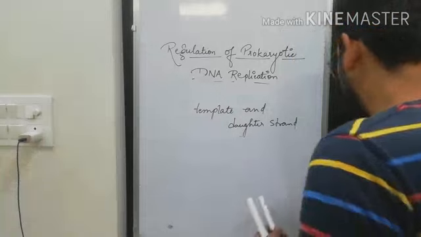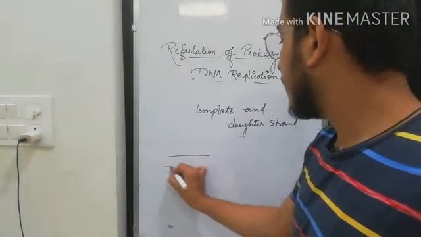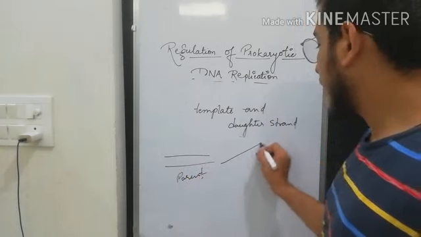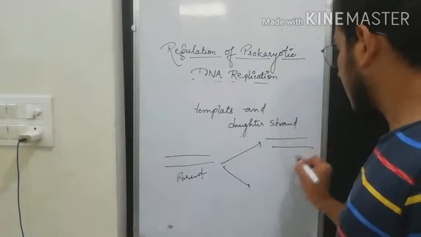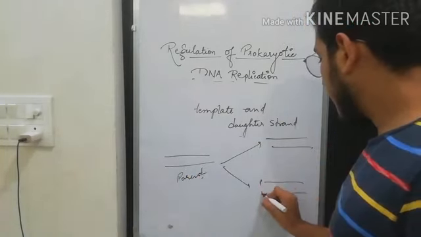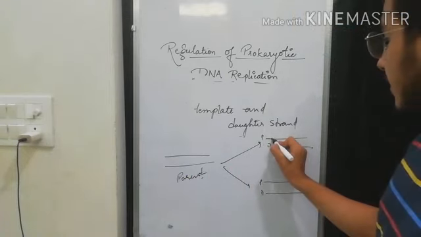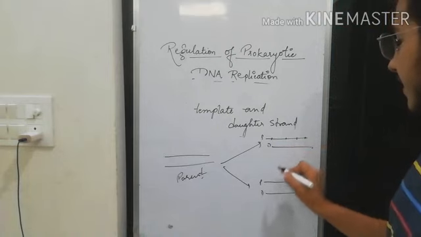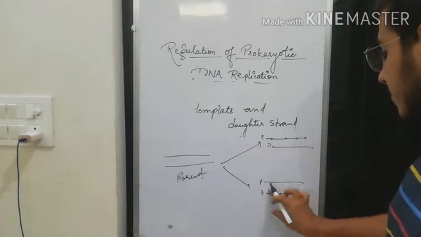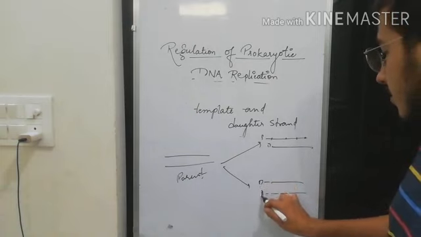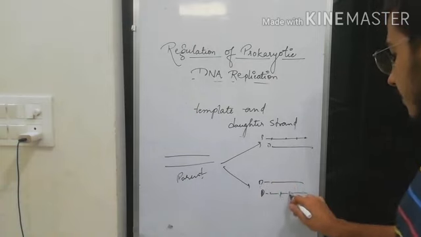So they are formed like this: one parent and one daughter, one parent and one daughter. This strand is methylated. Sorry, we'll mark the daughter and the parent, otherwise it will be confusing.